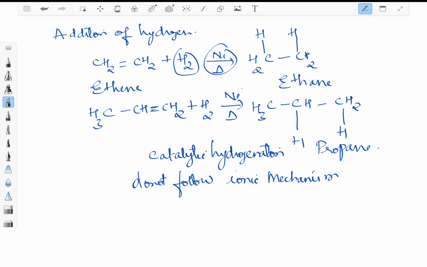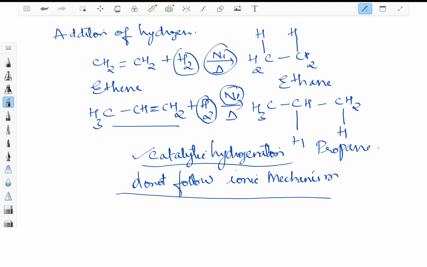But what is catalytic hydrogenation? Catalytic hydrogenation is, by making use of a metal catalyst, hydrogens getting added to an alkene. This is called addition reaction of hydrogen, and when it is done with the help of a catalyst, it is called catalytic hydrogenation. It does not follow the ionic mechanism. The reaction depends upon one thing. What is that?